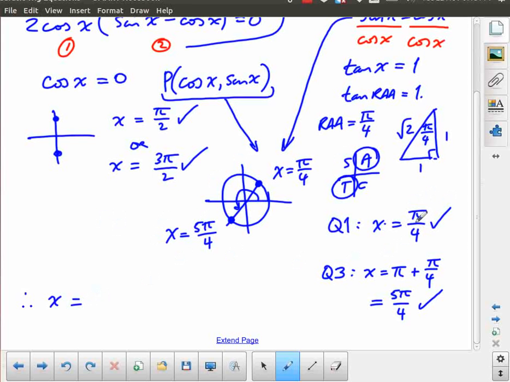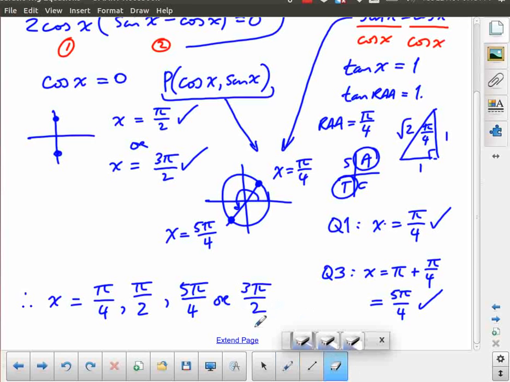And normally, if you're going to take the trouble to list them, good form says you're going to list them in order, lowest to highest. So pi by 4 is the smallest angle, then pi by 2, then 5 pi by 4, and finish off with 3 pi by 2. That "or" looks kind of awkward there. I think I would just go with another comma. So list those as my possible solutions.